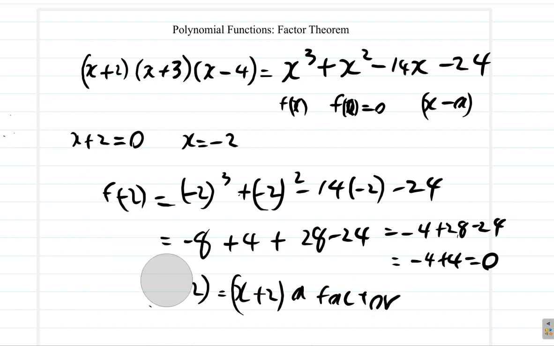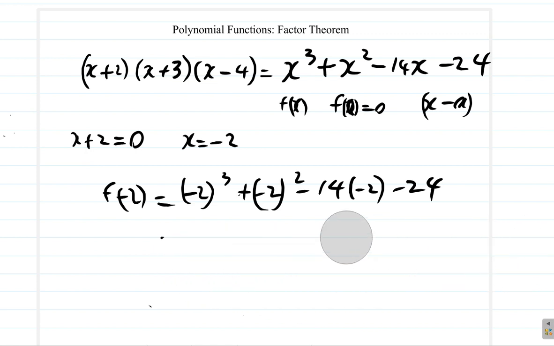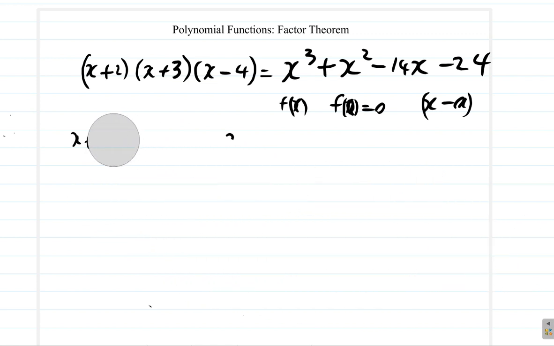Now, we also see here that if we make x plus 3 0, then we'd have x plus 2 times 0 times x minus 4. x plus 2 by 0 is 0, and 0 by x minus 4 will be 0. So let's try that.